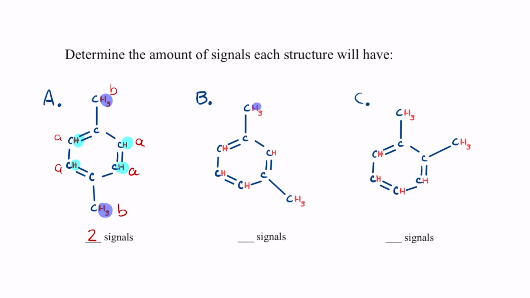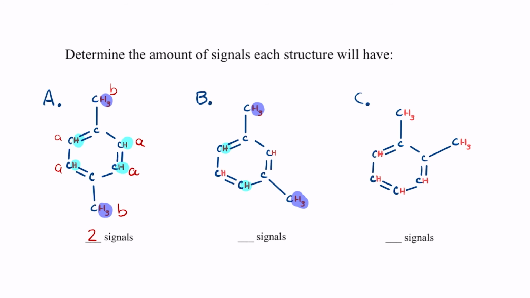And so if we highlight this hydrogen environment, we know that it's going to correspond to this one. Similarly, this hydrogen environment will correspond to this one. Now, let me ask you, does this hydrogen environment correspond to this one? No, it doesn't.